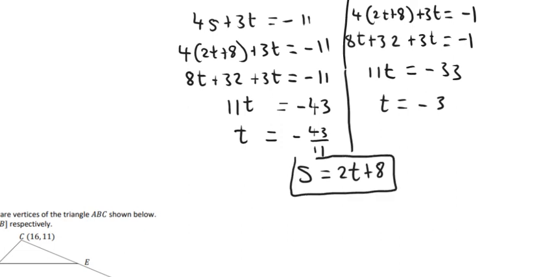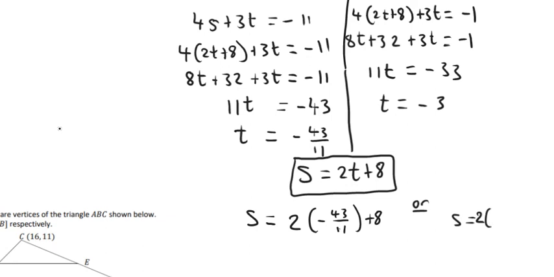I'm subbing both of my values for t into this. So s has to be equal to 2 times minus 43 over 11 plus 8, or s is equal to 2 times minus 3 plus 8.